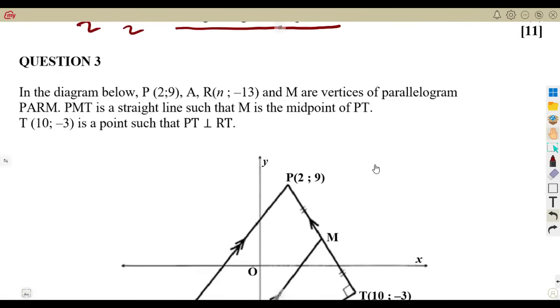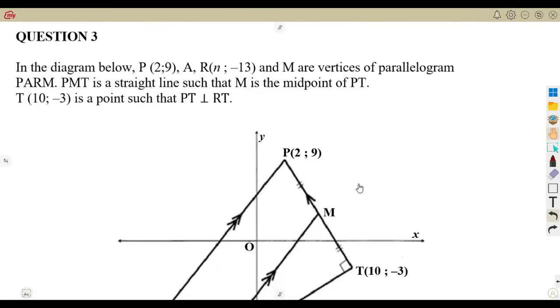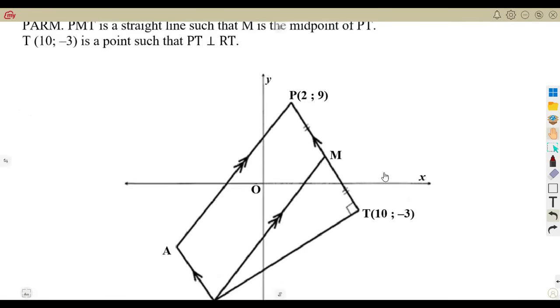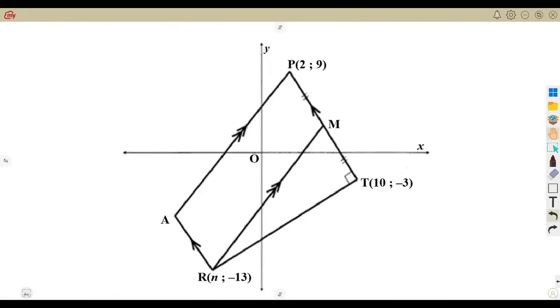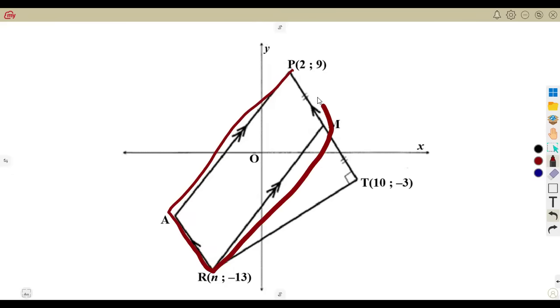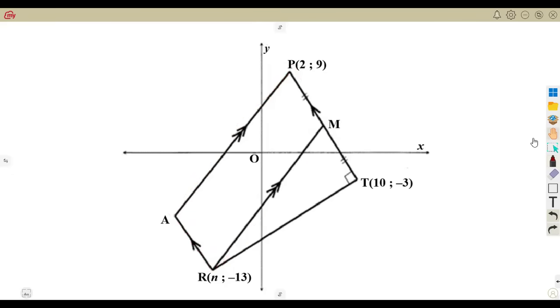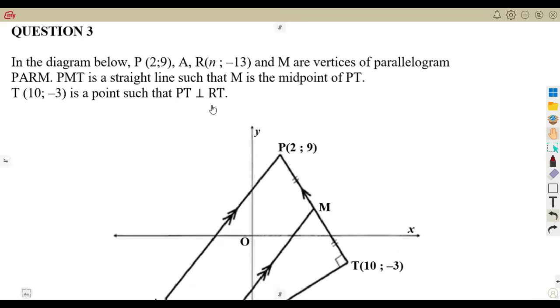No. On question number 3, we are given in the diagram below, P is given. We are also given the points A, R, M as the vertices of a parallelogram. All right, so we are given this is a parallelogram. This is P to A to R to M like this. Then we are given PMT is a straight line where M is the midpoint of PT.